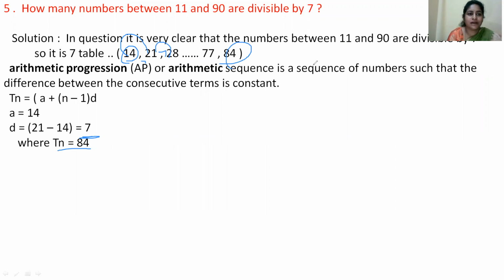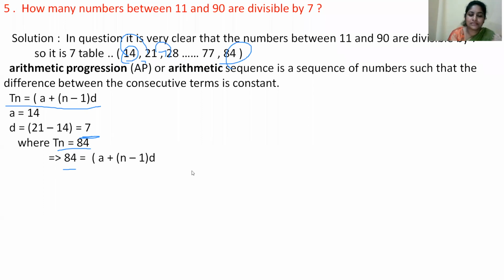Now we have got the values. Here we have to find the number of terms between 11 and 90, which is n. Now we will substitute all these values in the formula Tn is equal to A plus n minus 1 into D. Tn is your 84.